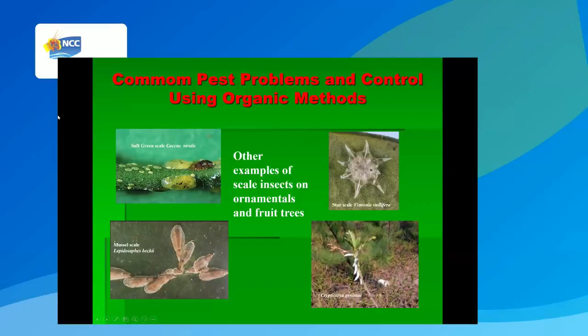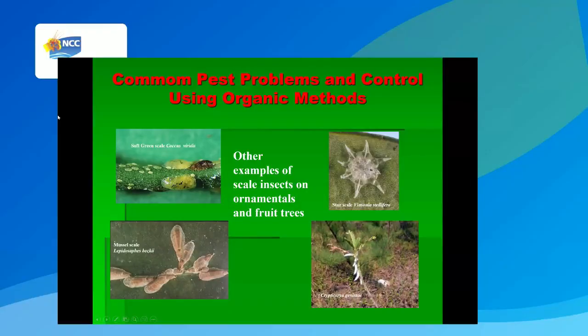This shows some further examples of scale insects that we will find on our garden plants and fruit trees. For example, the soft green scale, you will see on a wide range of ornamentals. The star scale, you will find quite commonly on mango.